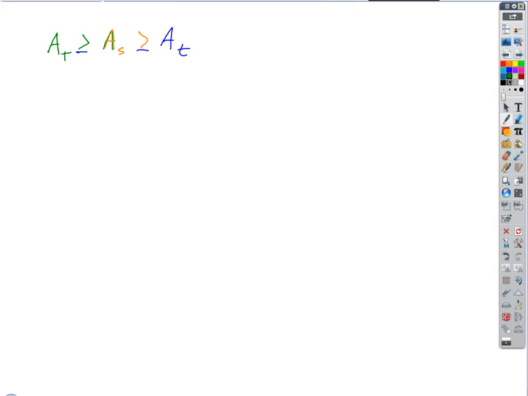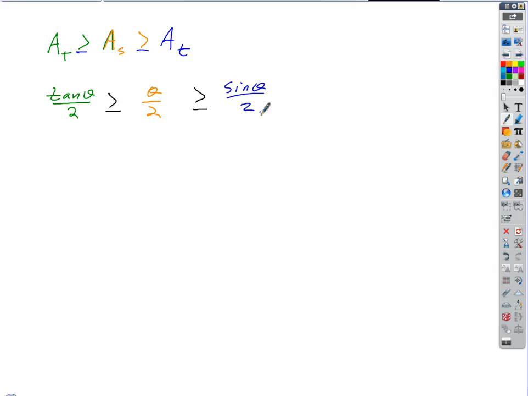So we ended up with, this was tangent theta over 2. Right? Everybody agree? Okay. This was theta over 2, and this one was sine theta over 2. Agree? Okay.